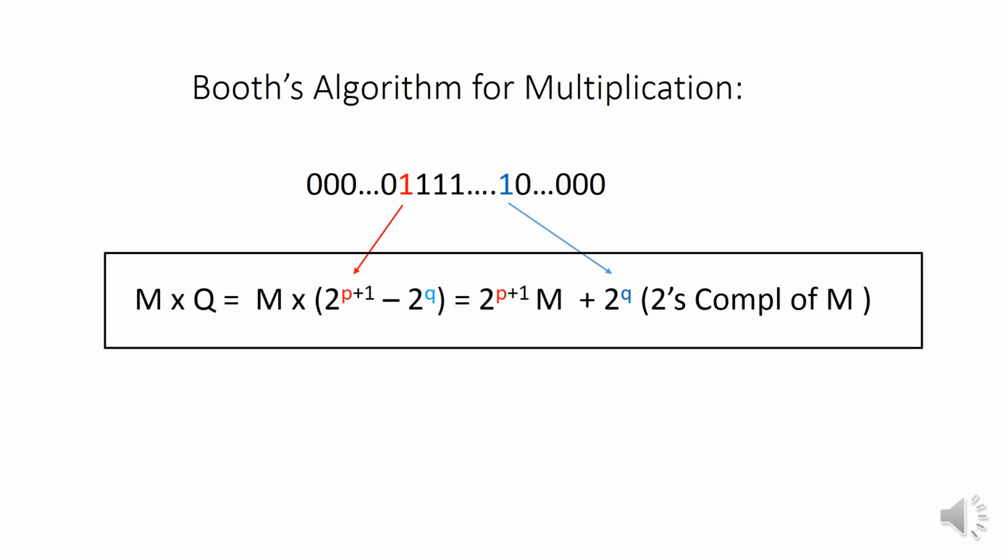In summary, this represents the Booth's algorithm for multiplication. Note that this is the multiplier, with a series of ones.